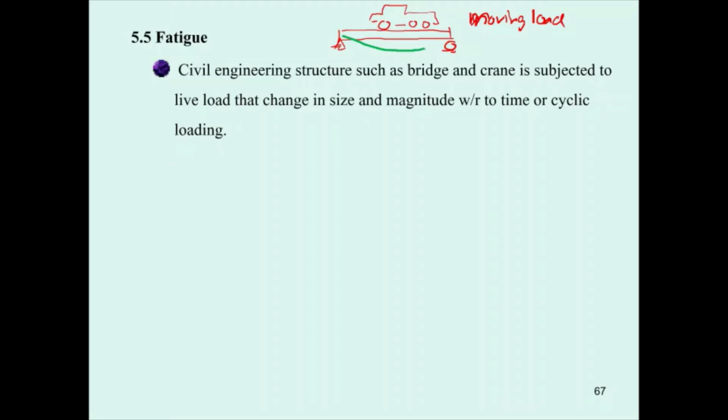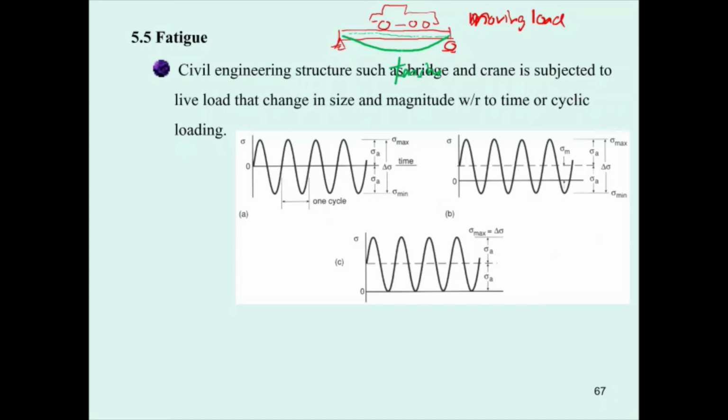It's going to be in tension on the bottom, and when the truck passes, it just goes back. The force applied to the bottom part starts at 0, for example.